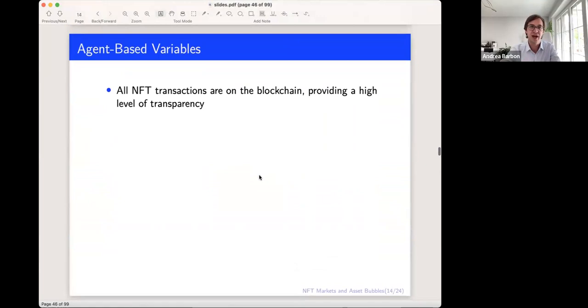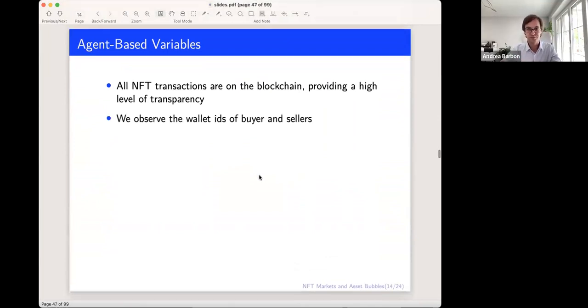Okay, so we want to look at agent-level variables. Okay, and to do that, we can exploit the fact that all NFT transactions are recorded on the blockchain, and for every transaction, we can see who is the buyer, who is the seller, and we can track the activity of those wallets across the entire NFT market.